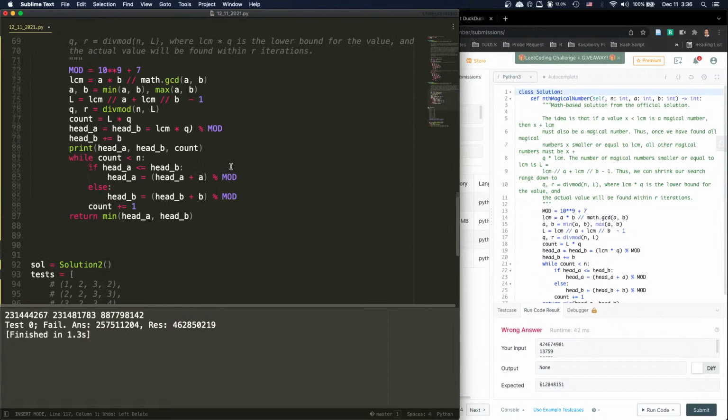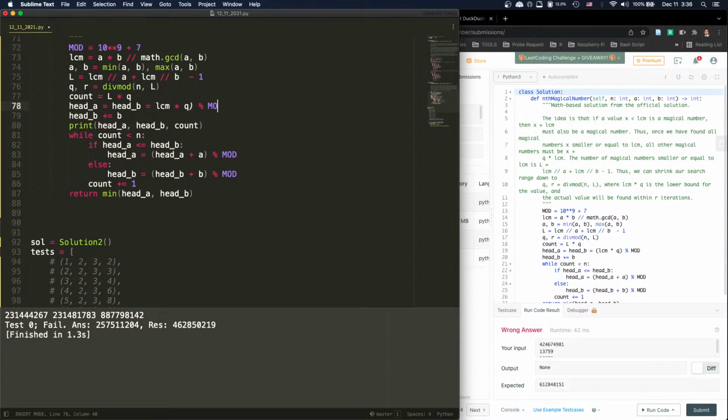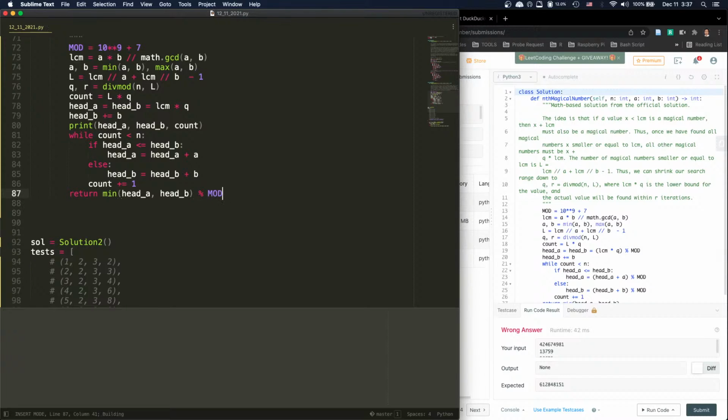Yeah, because with mod we cannot compare. Okay, well, that makes sense, right? We cannot compare the mod. And we do the mod at the end.